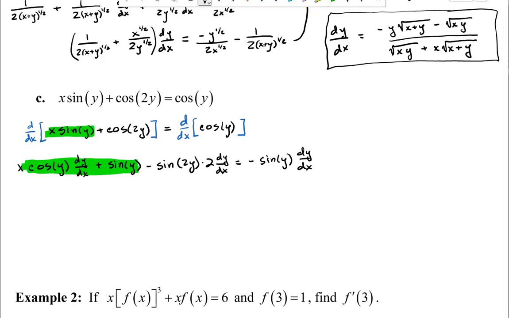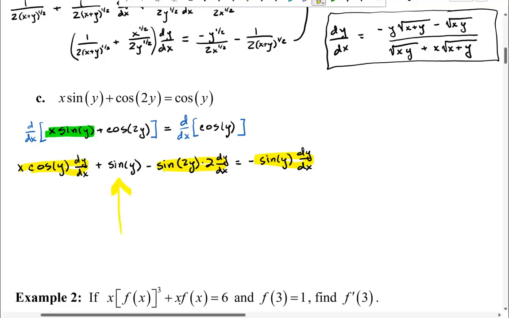So here we're noticing that we have dy/dx in 3 different places, right? We've got this term, and this term. And we want to get all of those together. So let's go ahead and get all of our terms with dy/dx on the left, and then this term here we'll subtract over and get it on the right-hand side of the equal sign.